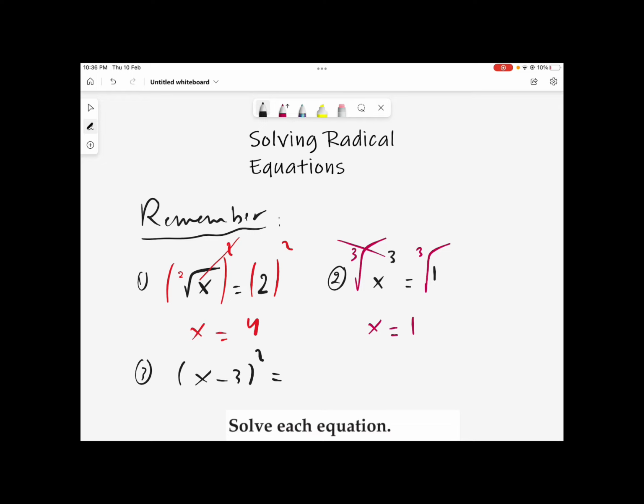I prefer the first one. So what we do is x to the power of 2, the first squared, minus or plus depending on the sign, 2 multiplied by the first, multiplied by the second, plus the second squared. Then we have x squared minus 6x plus 9.